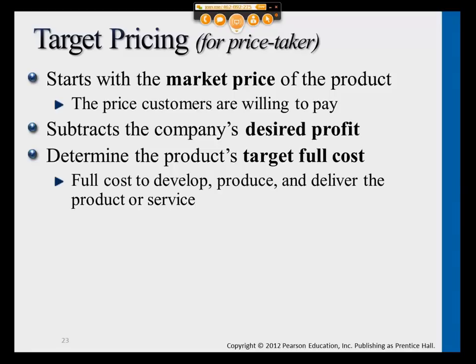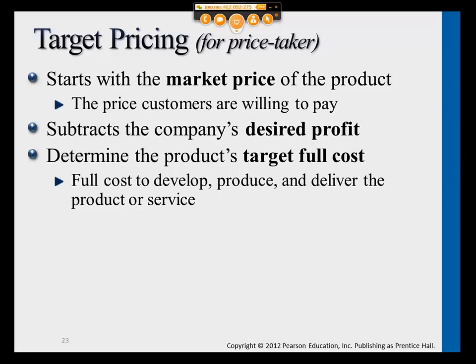All right. So here is, let's say the business is a price taker. With that, we're going to go with the target pricing, and we need to understand what target pricing is. So at first, we're going to start with our market price of the product. We're going to survey and see what customers are willing to pay.